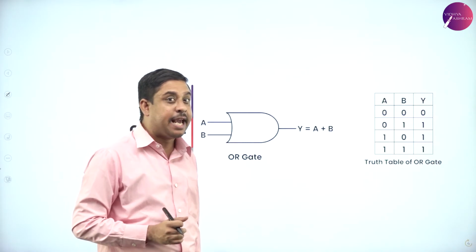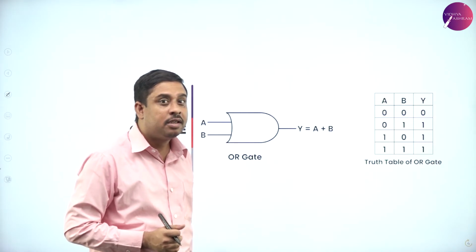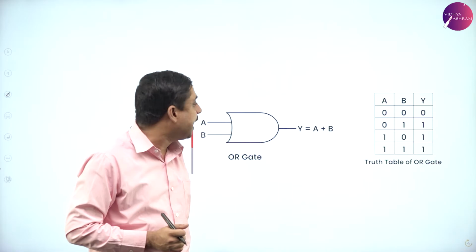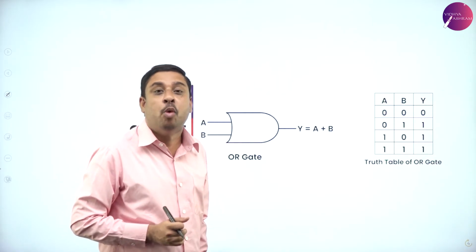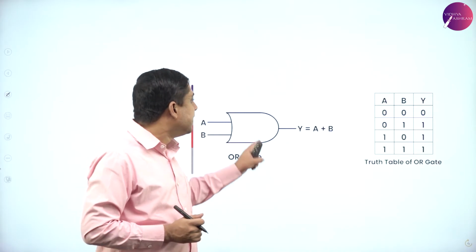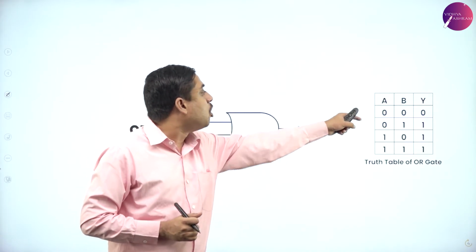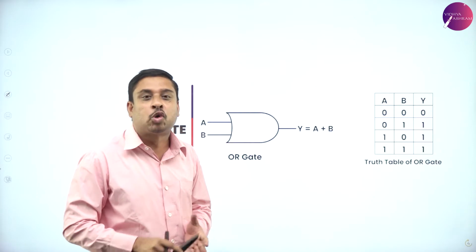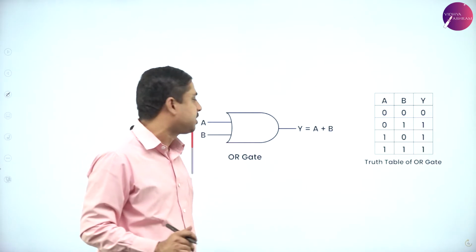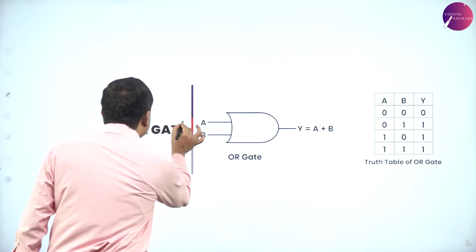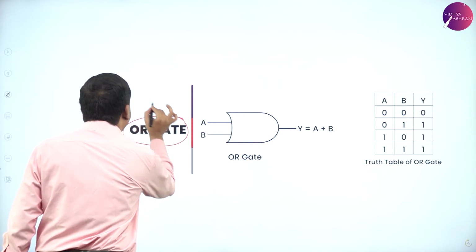This is always very important in the exam. They ask you to write the expression called the Boolean expression, symbol or logic table, truth table for a given gate. So this is the OR gate.